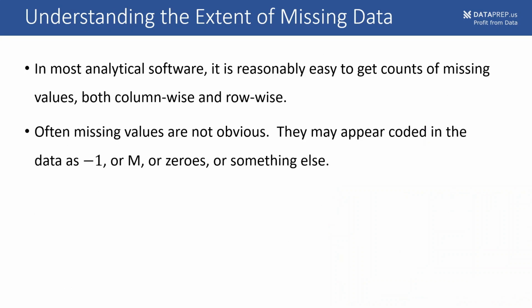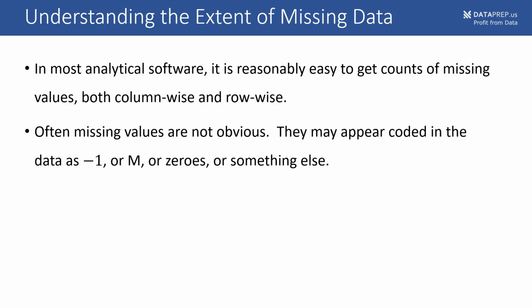So one other thing I wanted to mention was that very often missing values in your data may not be obvious. They may appear coded in different ways, for example, as -1, 999, or just the letter M, or missing, or zeros, or dashes, or something else. For example, NA is also something I have seen.